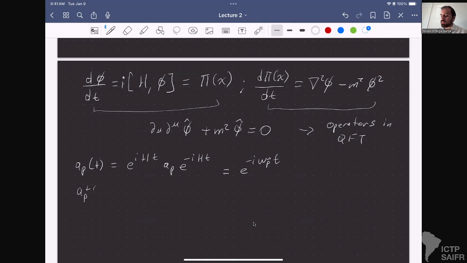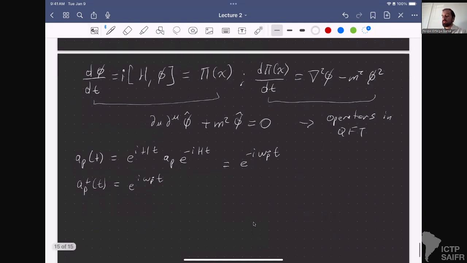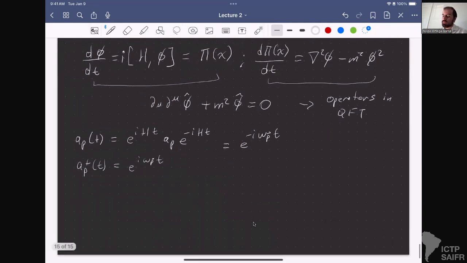For the raising operator, I get e to the i omega_p t. So it's simple, using this, to see that our field depends on space and time in the following way.